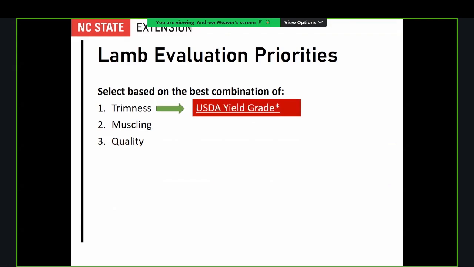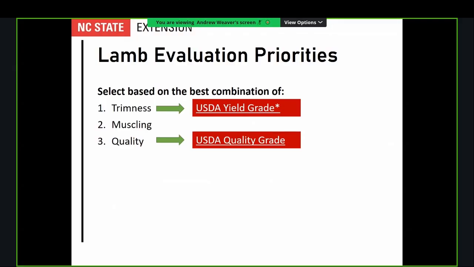That trimness can be evaluated and thought of in terms of our USDA yield grade. We'll talk about how that is calculated here in a minute. And then quality is brought in through the USDA quality grade metric.